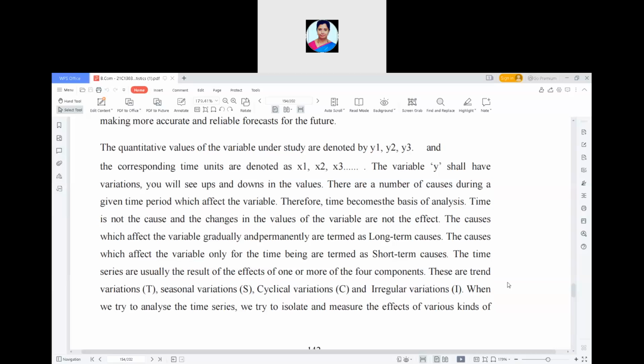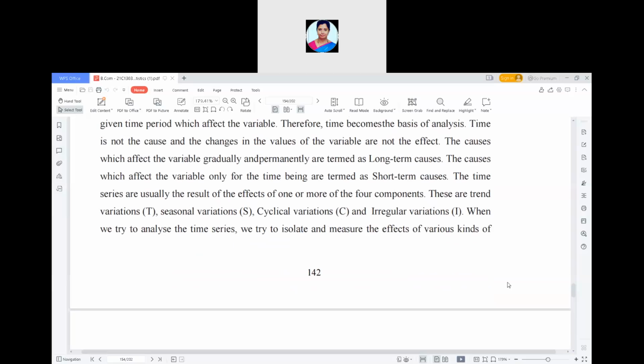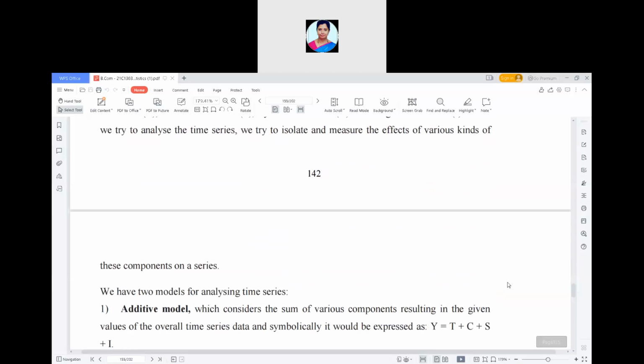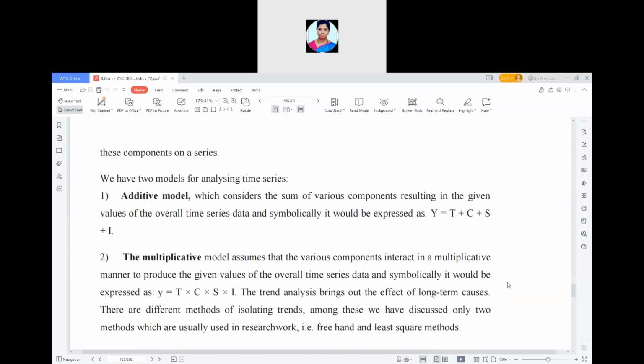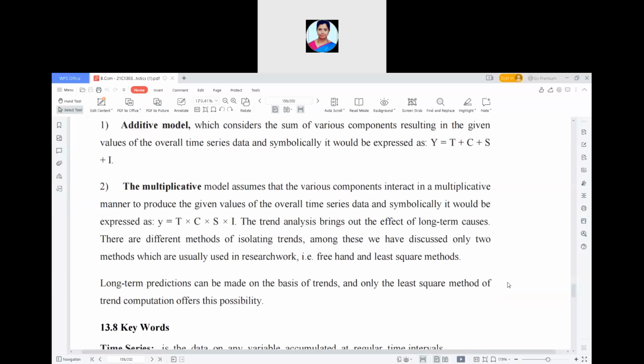So when we analyze the time series, we try to isolate and measure the effect of various kinds of time components. And also we have discussed the additive model and multiplicative model. So long term predictions can be made on the basis of trend, and only the least square method of trend computation offers this possibility.